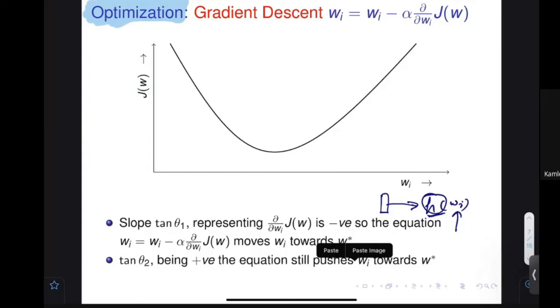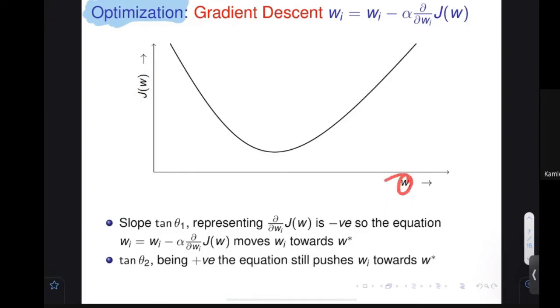So on this side I represent the error with respect to a learning parameter w. If I change the value of w, instead of using this, I use this or this, my error is going to change. Let's assume that the error goes in this particular way.